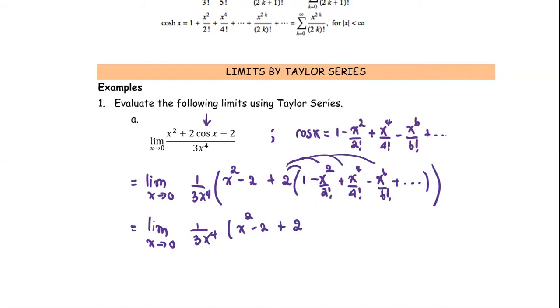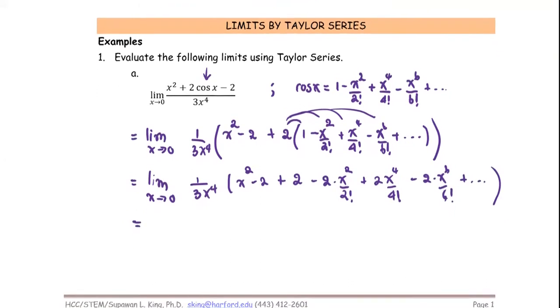Then we get 2 minus 2 multiplied by x squared over 2 factorial plus 2 multiplied by x to the fourth over 4 factorial minus 2 times x to the 6 over 6 factorial and so forth. And simplify the terms. 2 and 2 factorial can be reduced. 2 and minus 2 cancel. x squared and minus x squared will be cancelled.